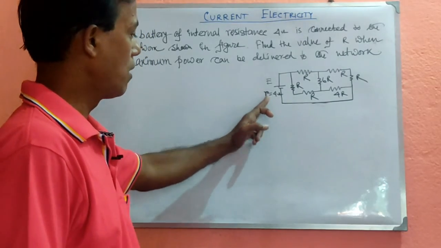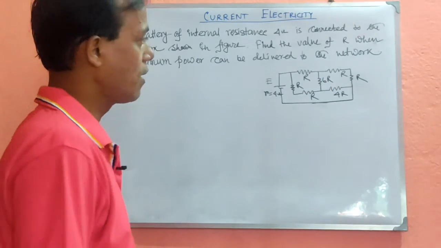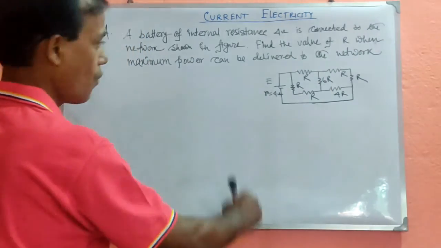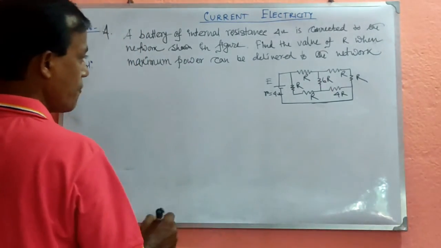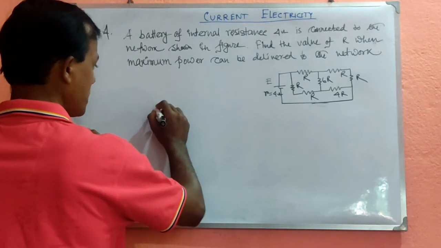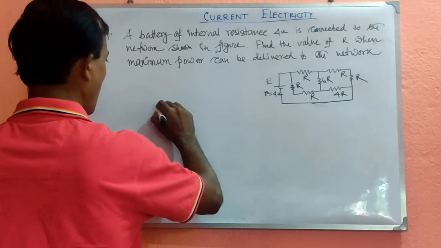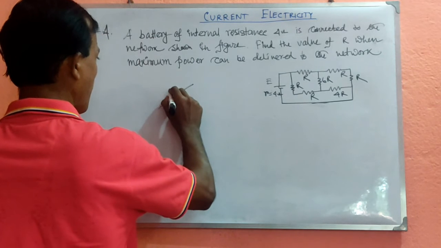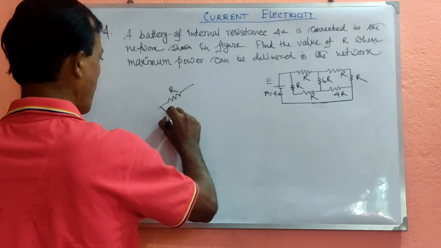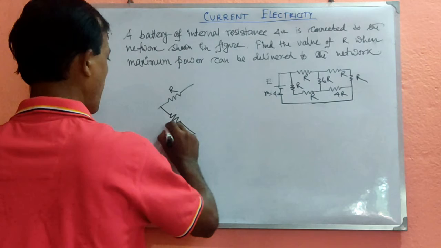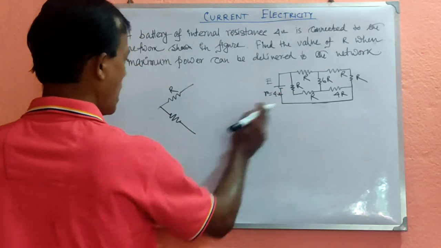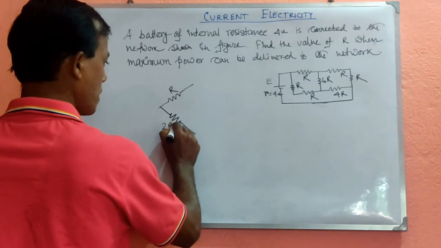So we can see the circuit is a Wheatstone bridge. So we have to first modify the circuit. Circuit will look like this. These two resistances are in series, so 2R.